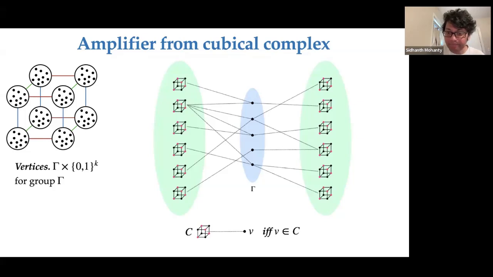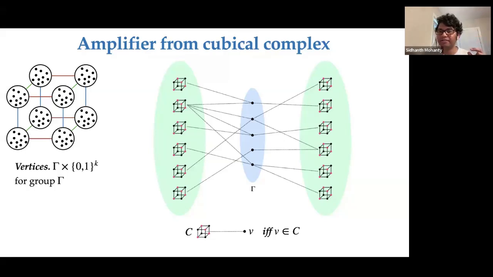Okay, so here's how the graph is constructed. I construct a tripartite graph with two cubical complexes. The first cubical complex is used to construct the graph between the left and the middle, and the second is used to construct the graph between the right and the middle.